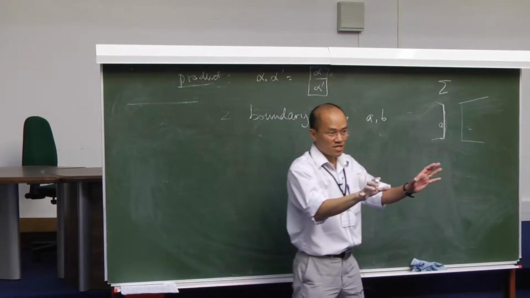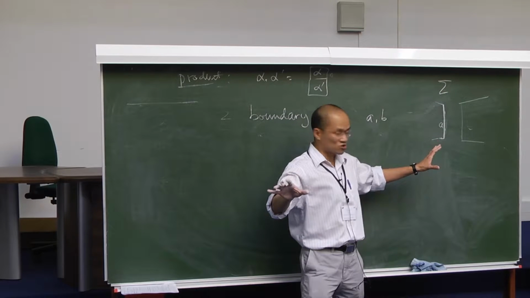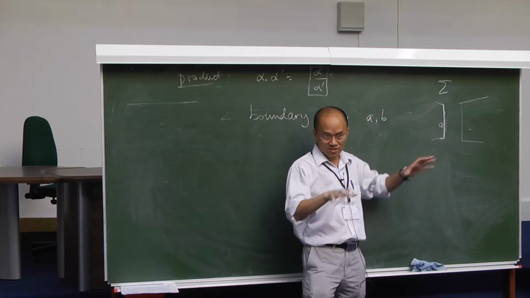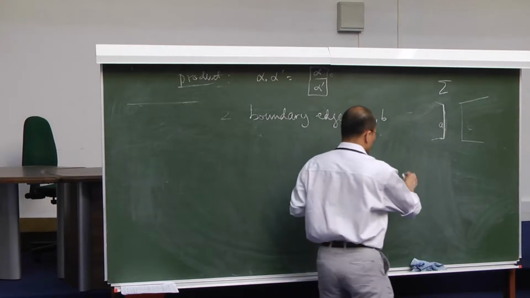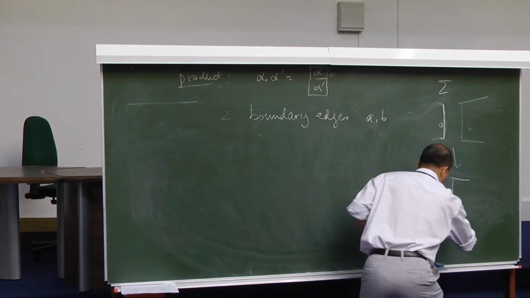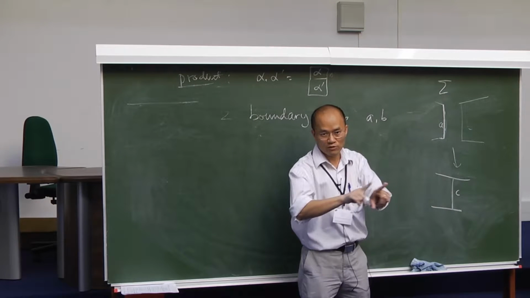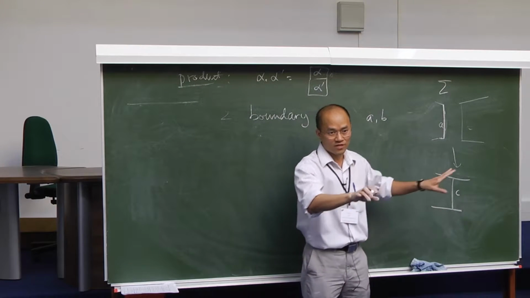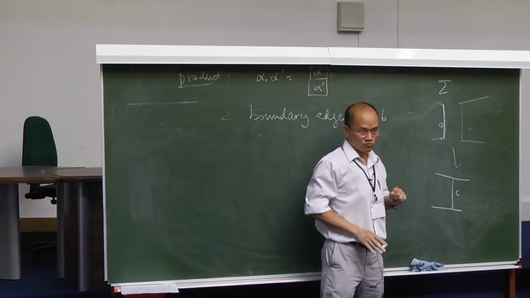Well, sigma may be disconnected, so maybe two disjoint parts, or maybe A and B in one connected component of sigma. It doesn't matter, okay? You can glue these two to get a new surface. So this is C. Okay, you glue this to A and B, and there's only one way to glue this up to isotopy so that the orientation is compatible. So only one way to do this, okay?